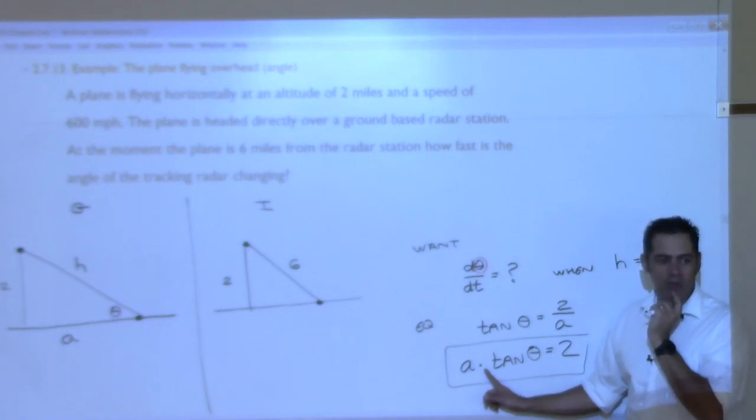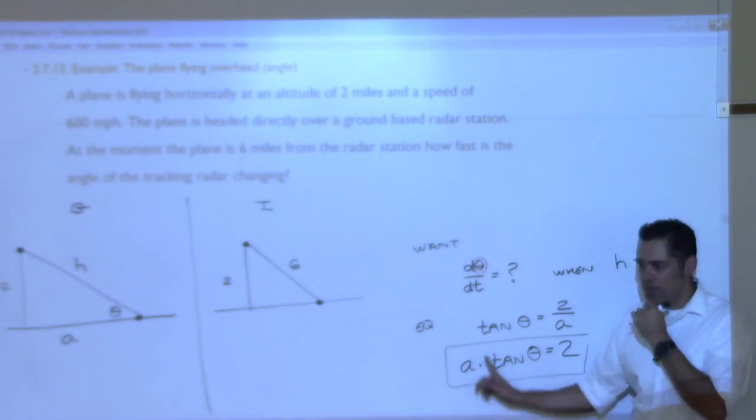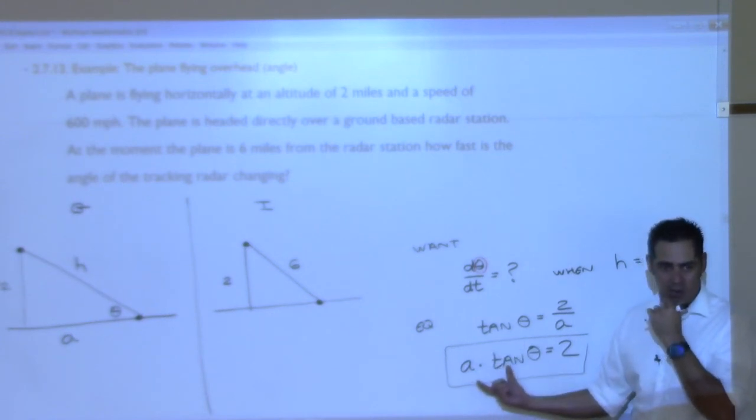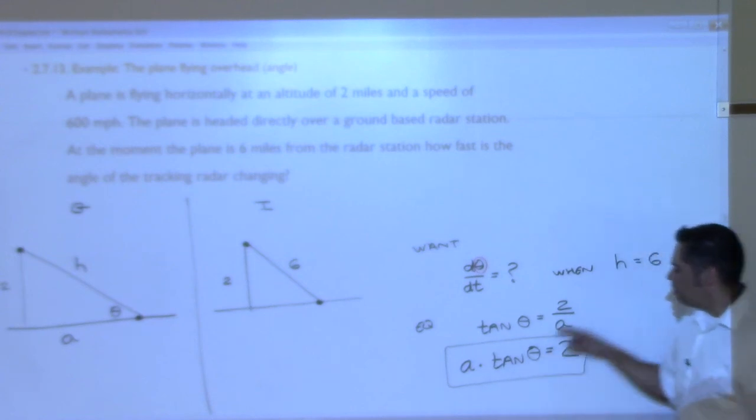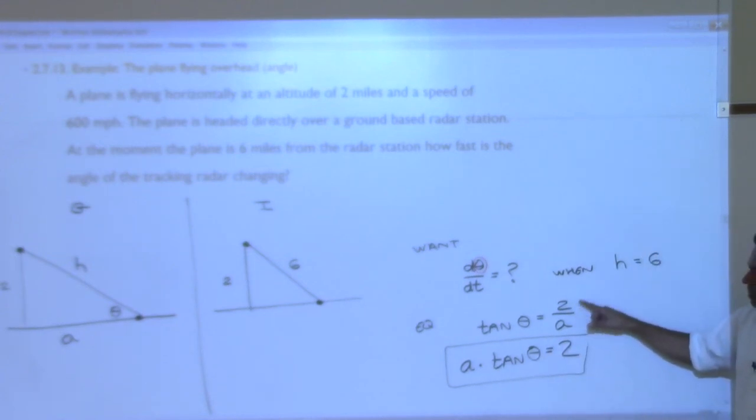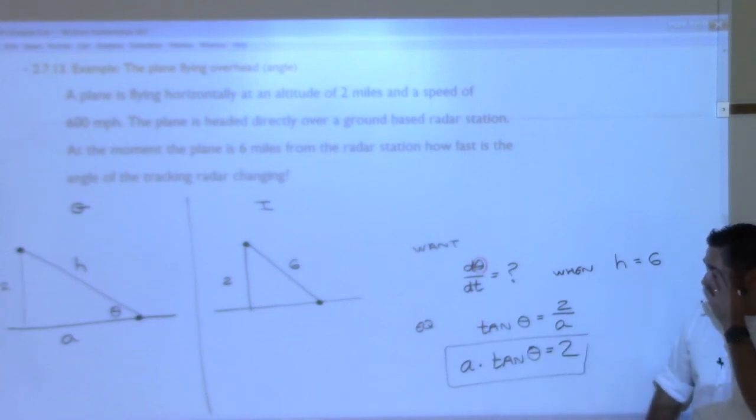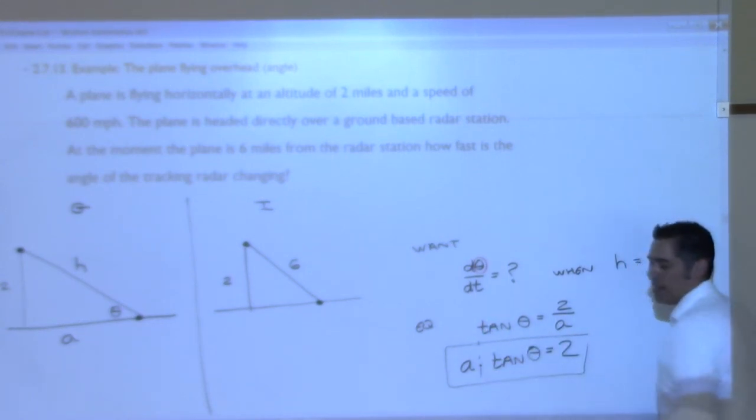It's product rule, because you have a product here. Now, I could have left the A over here, but I'm a little scared of how people are going to differentiate that, so I just brought the A over. Product rule, try it again.